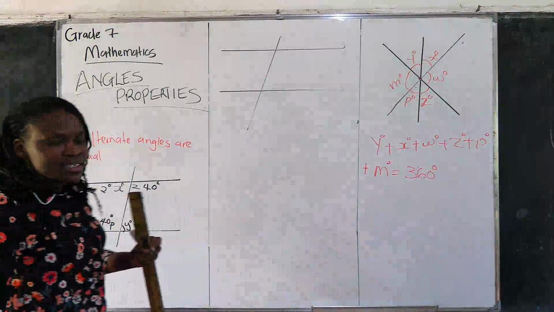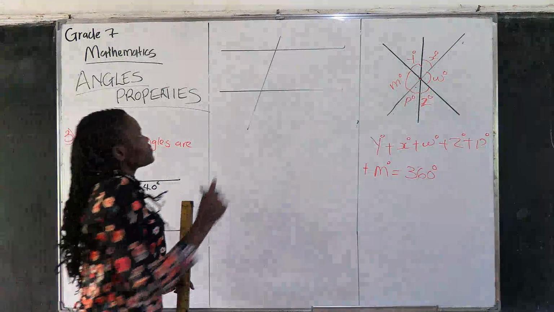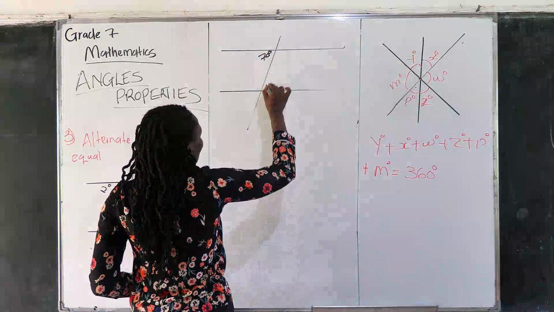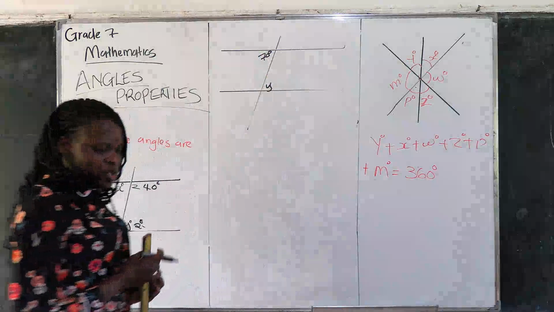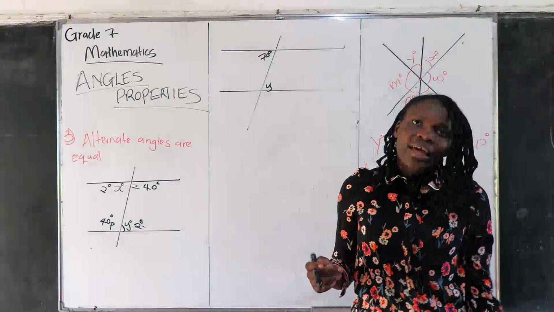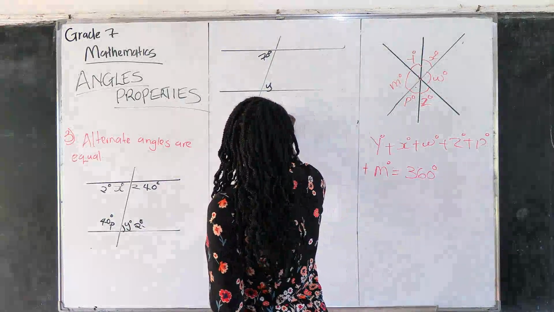We have that. So, let's say if this one is 70 degrees, we are told to find y. What will be y if that angle is 70 degrees? So, y will be also 70 degrees.